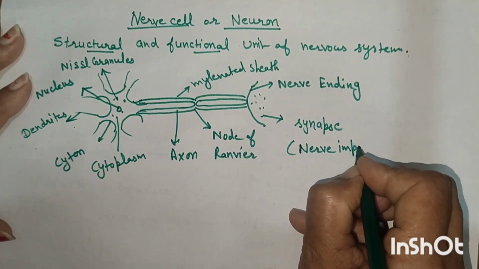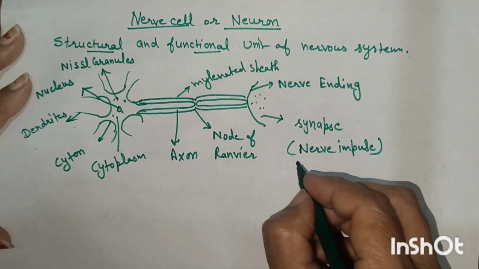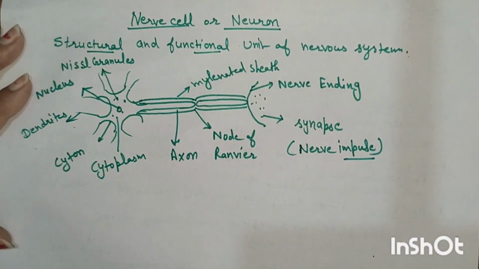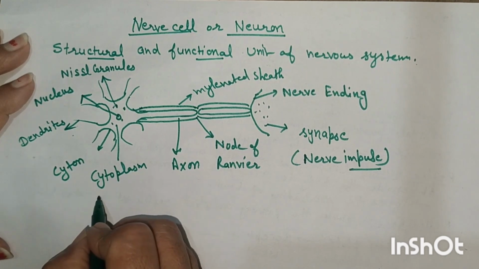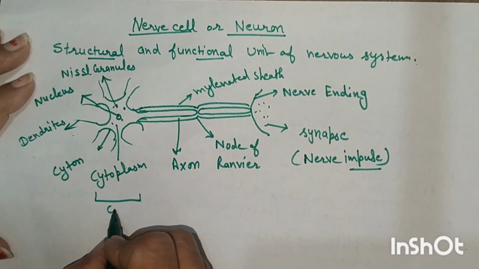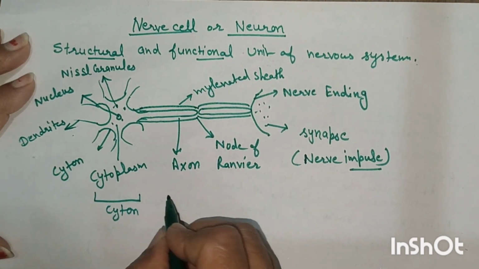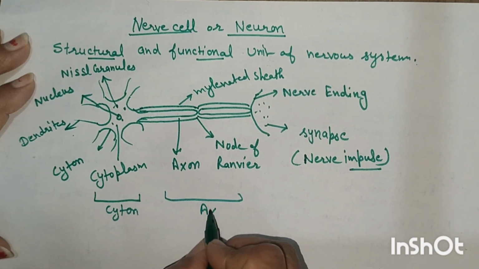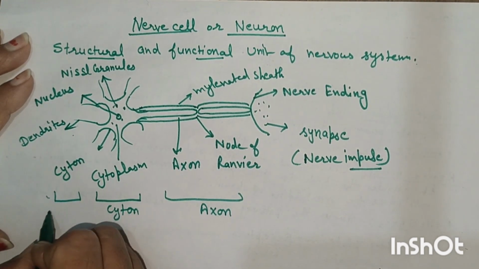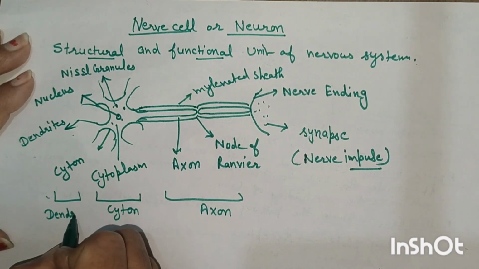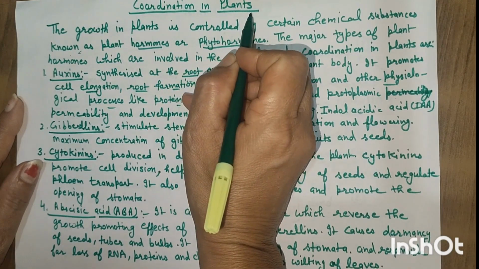Nerve cell consists of the cyton, axon and dendrites.